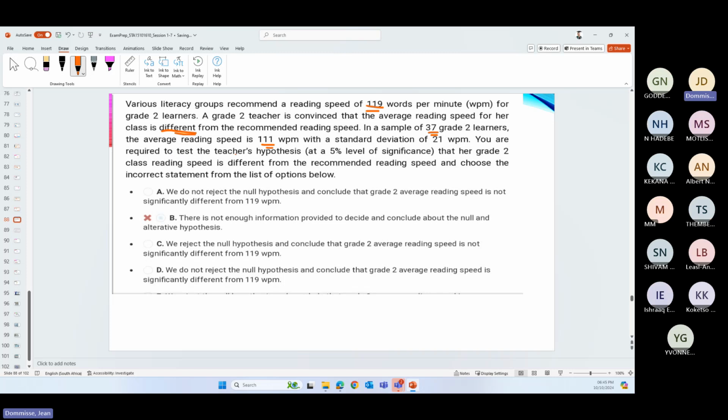You are required to test the teacher's hypothesis at a 5% level that a grade 2 class speed is different from the recommended speed. Okay, so then we get options. We do not reject. There is not enough information. There's not enough information provided to decide and conclude about the.